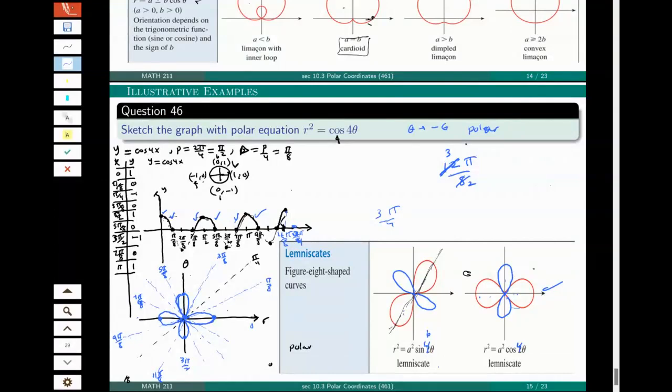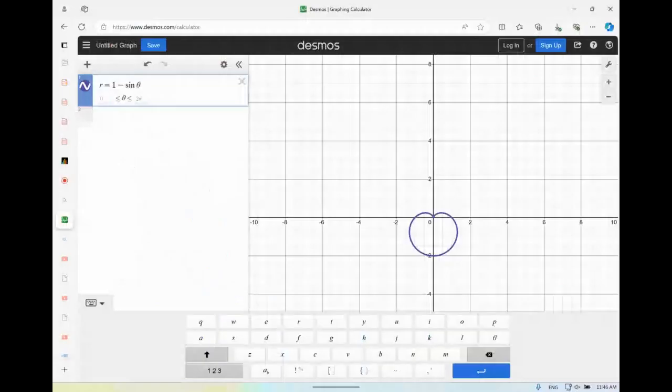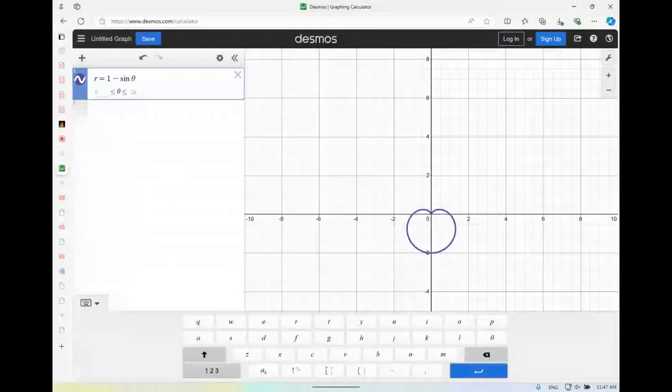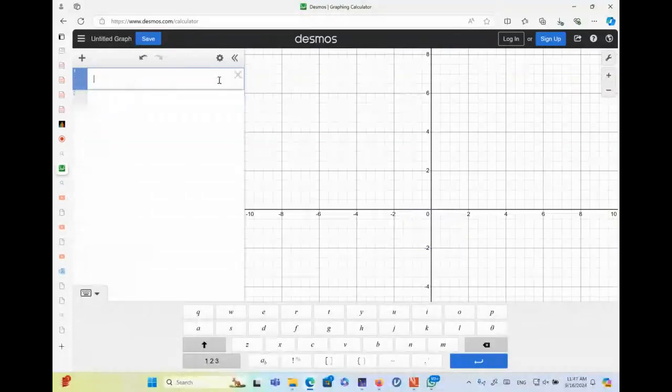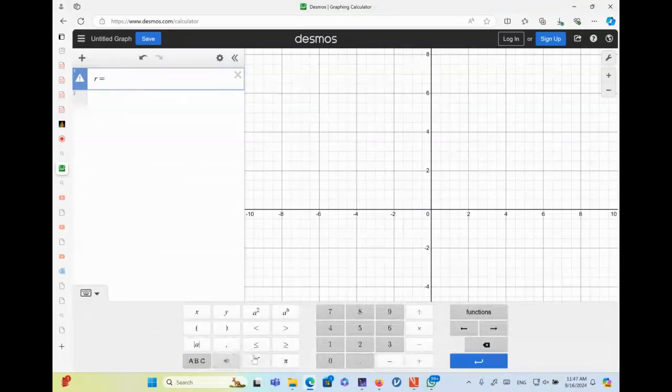So what we will do, I will show you using this one. What was our equation? We have R squared, we cannot write it R squared. We can say R is equal to square root of cosine.